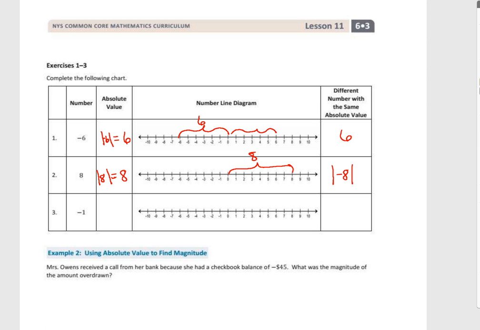And they actually don't even want this symbol here yet. They just want us to say the opposite, negative 8. Absolute value of negative 1 is 1. We'll go ahead and mark that. And the different number with the same absolute value is just going to be positive 1.